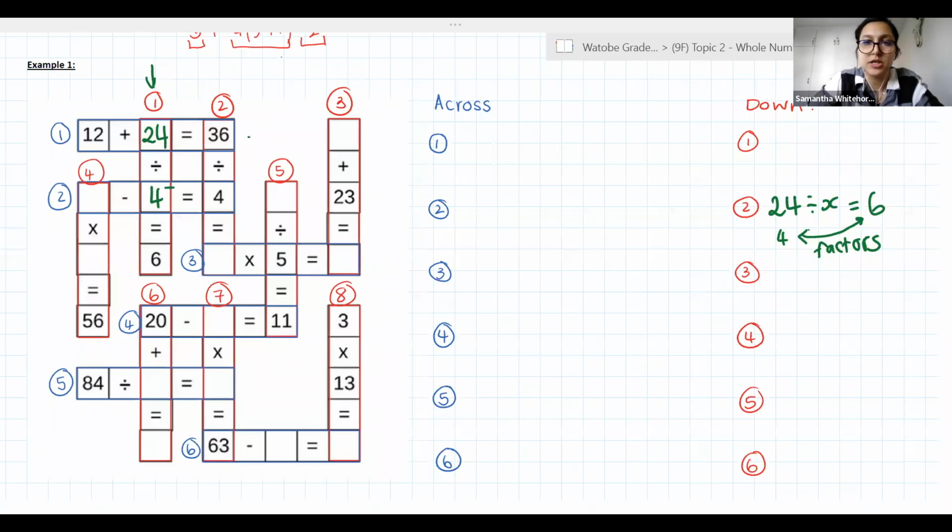All right, Tando, do you want to try another one? Yes, ma'am. I wanted to try 2, ma'am. 2 across or 2 down? 2 down. Okay, cool. So 36 divided by 4 equals what?